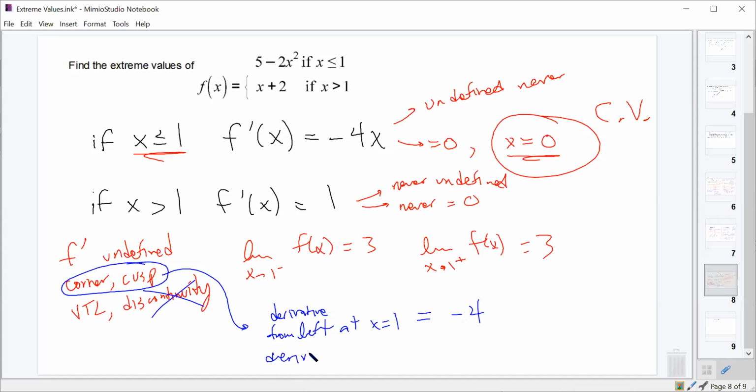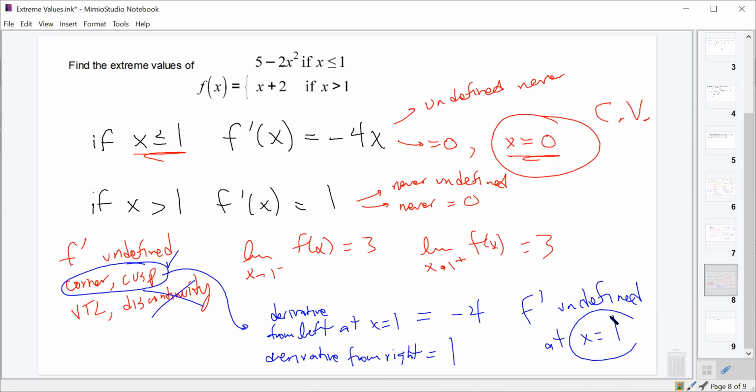And the derivative from the right is just 1. Those are not equal. The derivatives from the left and the right are not the same, which tells us that we've got something weird going on there, a corner or a cusp type thing, which tells us that f prime is undefined at x equals 1. So this is another critical value.